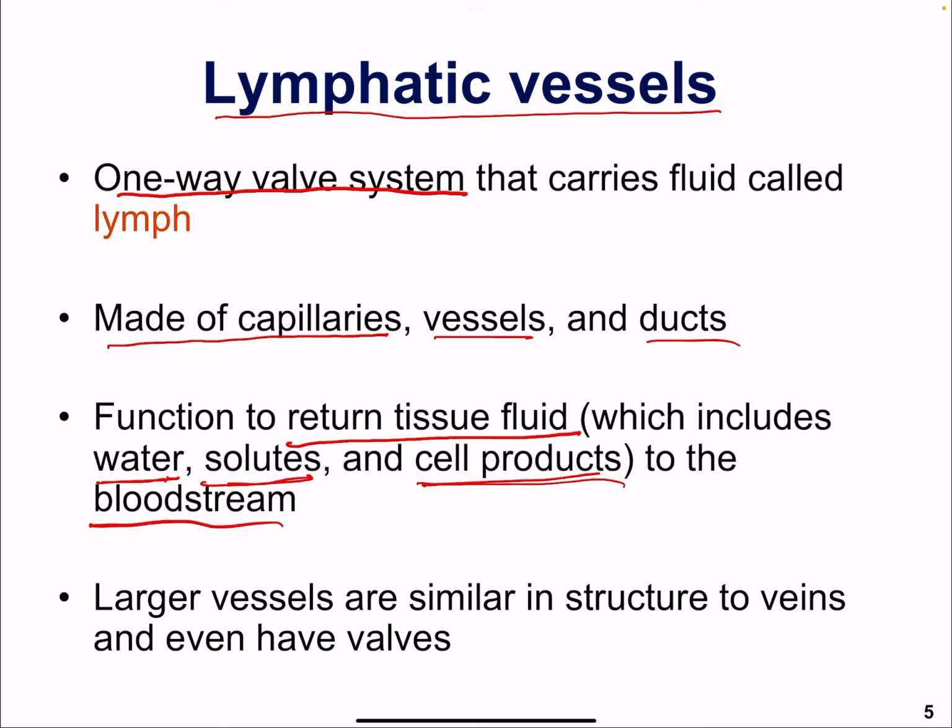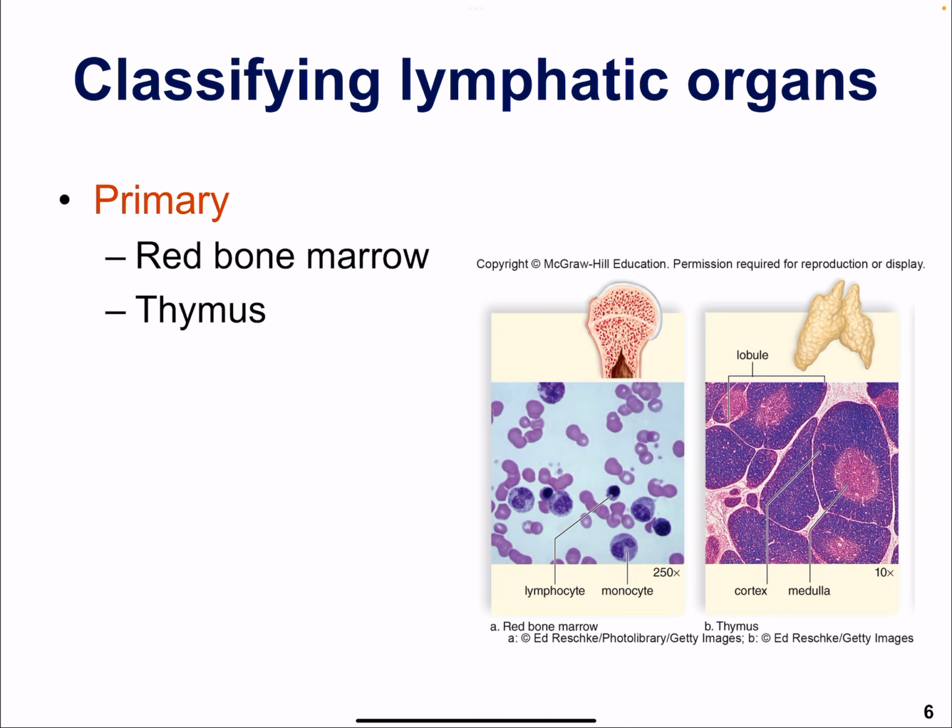So, as I already mentioned, the larger lymphatic vessels are going to be made up of valves that are there to prevent backflow. There are two major types of organs in the lymphatic system. We have the primary organs and the secondary organs.